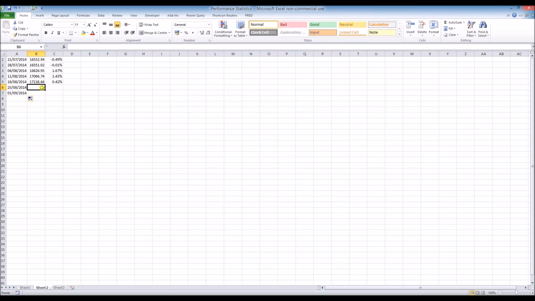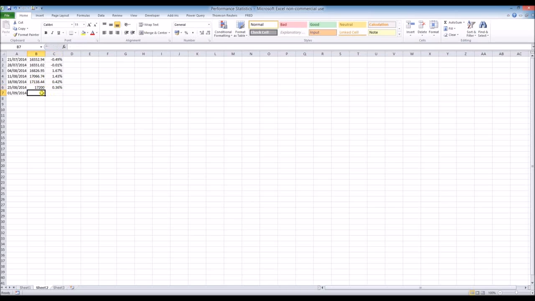But as far as recording the performance goes, so the returns of the portfolio, on the 25th, we're going to record the total portfolio margin before the capital inflow. So I'm going to make up a number here, 17,200, and record the returns value for that week as standard.